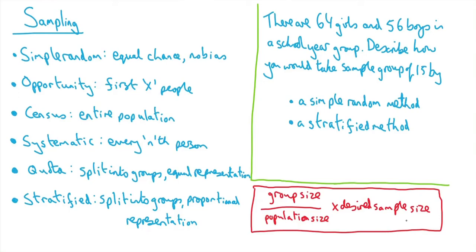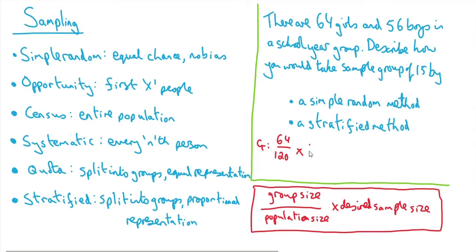As for the stratified, here we'll get an example of how we're going to use our equation. For the girls, the group size is 64. The total population size, if you add together the 64 and the 56, gives you 120.